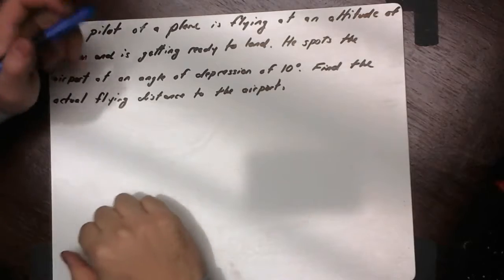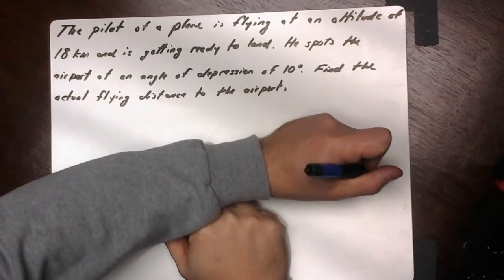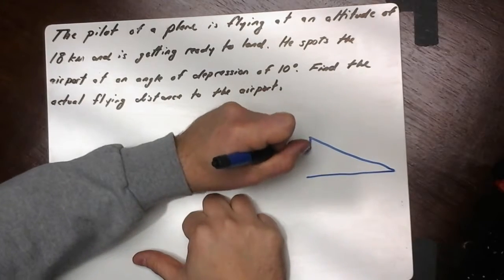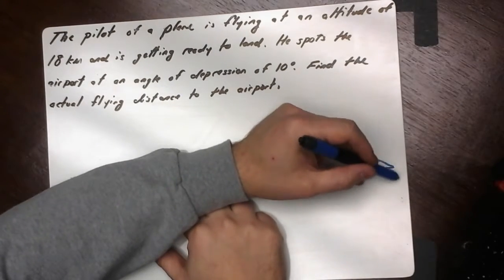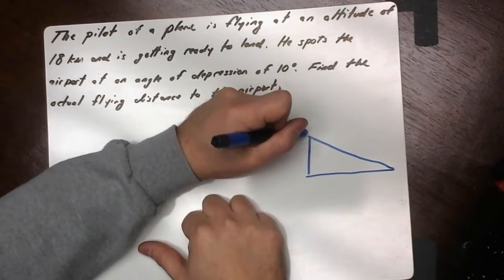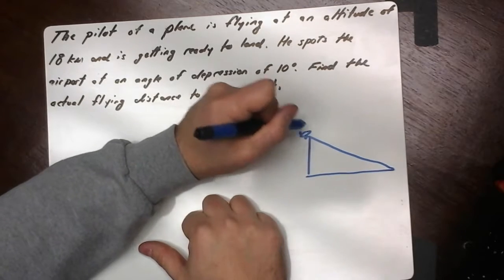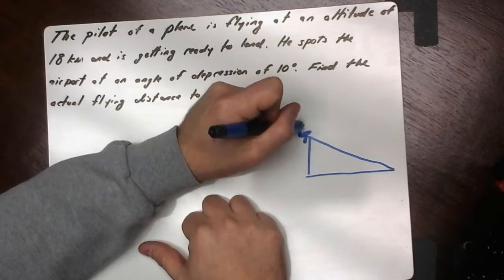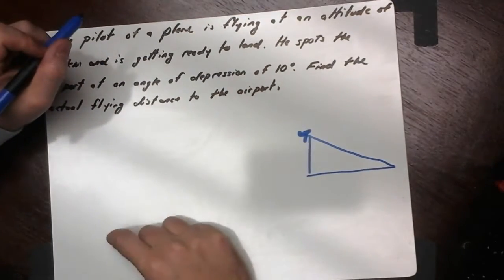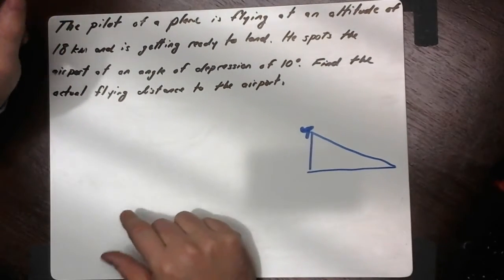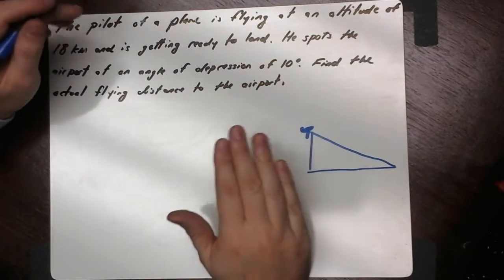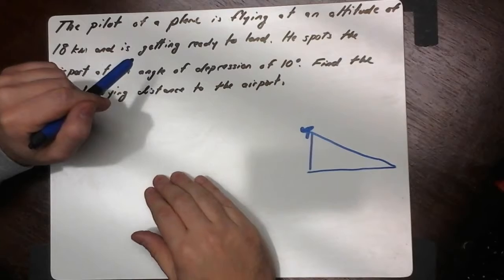Okay, so I'm going to have to draw a right triangle here. This is my airport, that's the ground, and here's my airplane. So if that's my airplane flying down this way, it gives me the angle of depression. Now we learned that angle of elevation and angle of depression are the same.